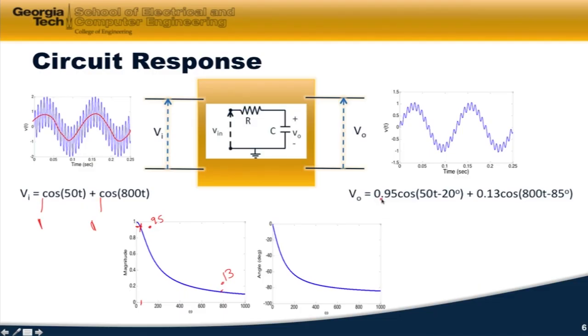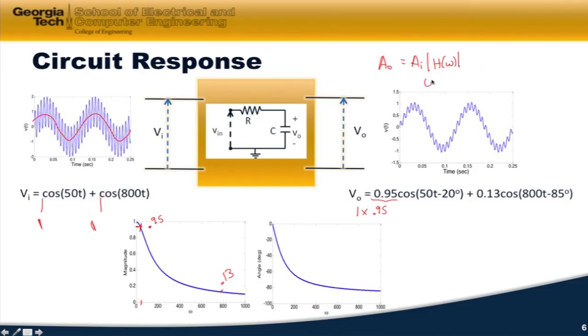So my output amplitude is equal to the input amplitude times the corresponding H at that frequency, the corresponding magnitude. So 1 times 0.95 is right here. And remember, the output amplitude is equal to the input amplitude times H at that frequency. That's what we're using.